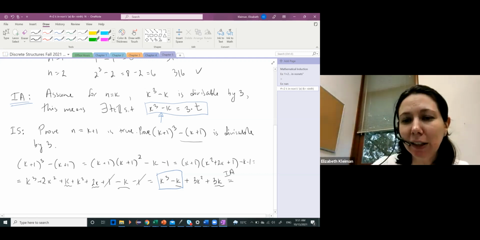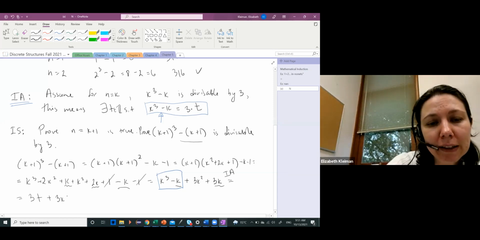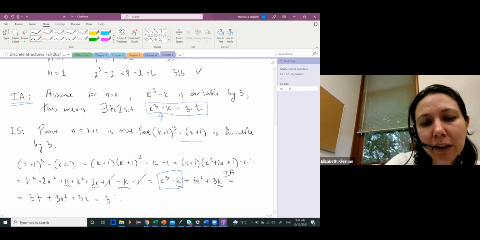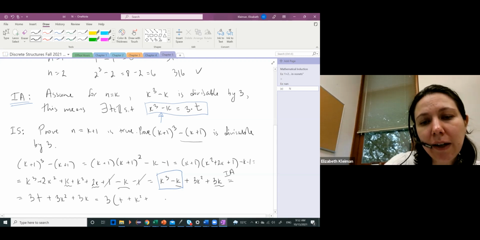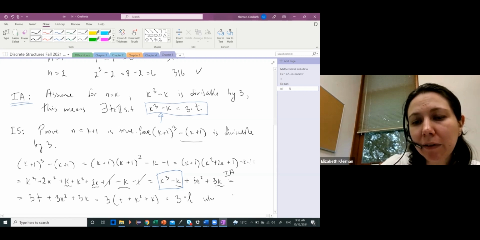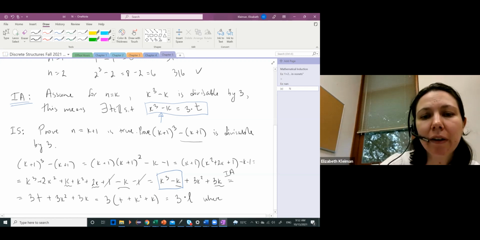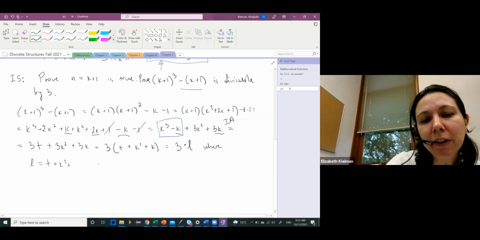Using our induction assumption, I can substitute it to be 3t plus 3k squared plus 3k. And guess what? I can factor 3 here, pretty easily. And I have 3 multiplied by L, where L is equal to t plus k squared plus k, which is definitely an integer, correct?